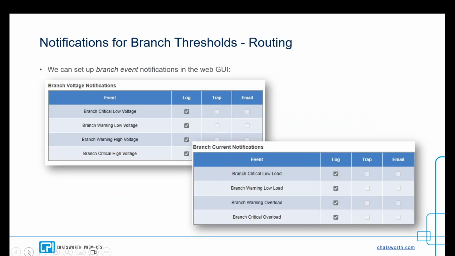Next, you'll want to visit the routing section and find the branch notification section. It will show you all the events that can be alerted or notified. Notice here, it shows both voltage and current notifications for critical and warning events.